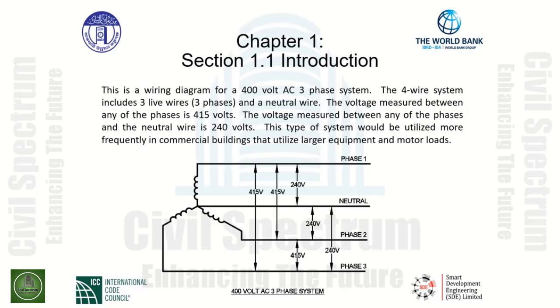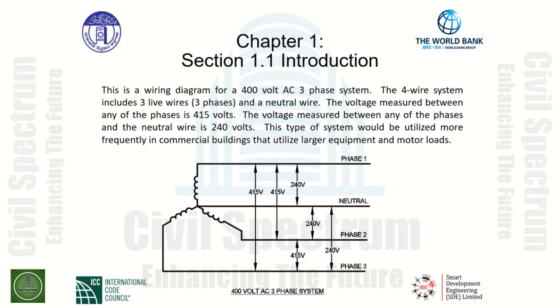An example indicated in the diagram below indicates a 400 volt AC three-phase system. The four-wire system includes 3 live wires or 3 phases and a neutral wire. The voltage measured between any of the phases is 415 volts.